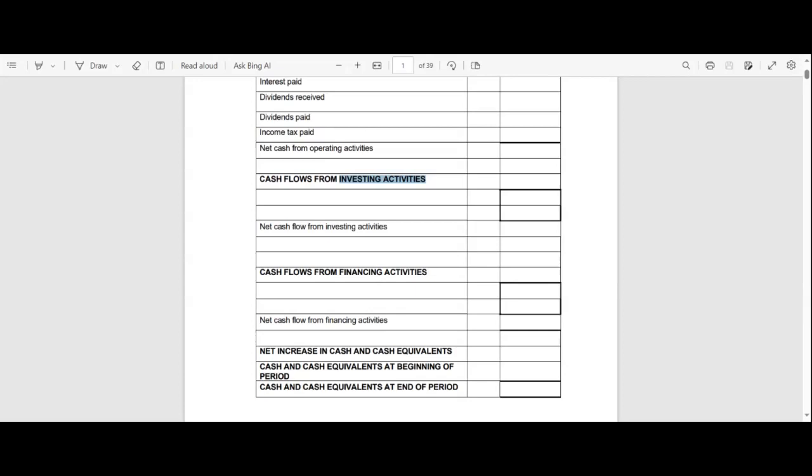What is the other activity, ladies and gentlemen? If somebody can type for me there, you can even look up there to that hint that was given. What is the other possibility? If it's not an inflow, but rather an outflow of cash.